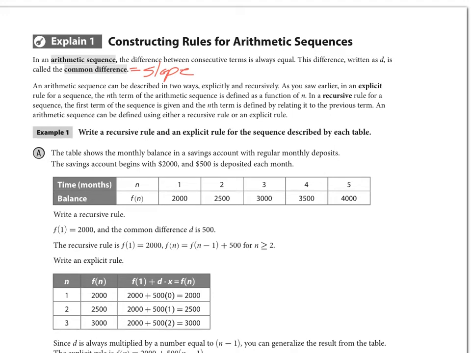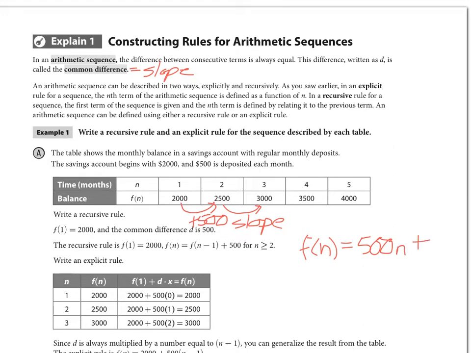So here's a great example of how I want to demonstrate the difference. In this particular example, if I look at the pattern, what's happening every time? Well, I'm going up 500. So that is my slope. If I were writing the equation in function notation, I'd be writing f of n equals 500n plus, now my y-intercept.